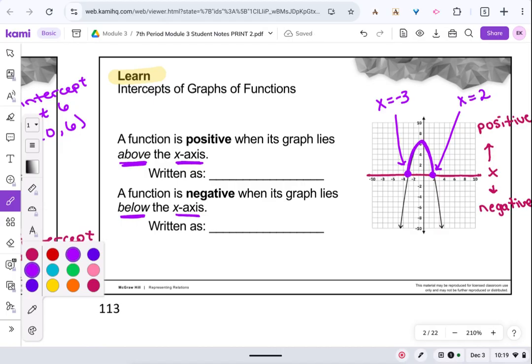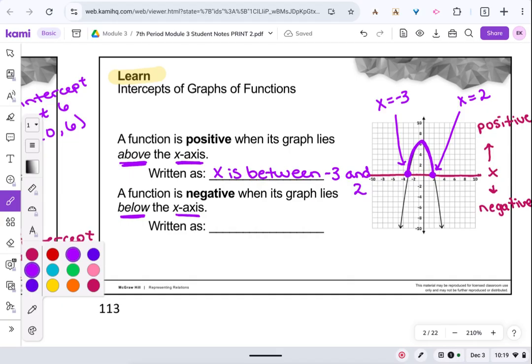So that purple spot starts again where x is -3 and it goes to where x is equal to 2. So how we would write this is when x is between -3 and 2.